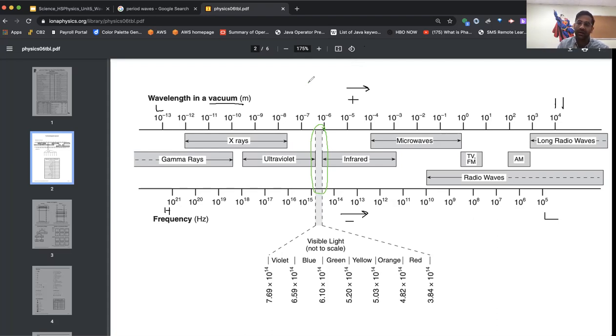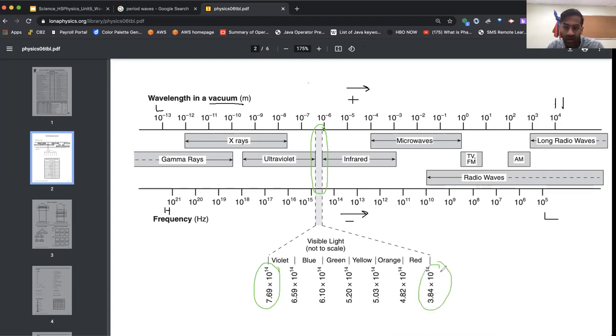Note again that we're going from left to right. As we go from left to right, wavelength is increasing, frequency is decreasing, okay? So violet has the shortest wavelengths and is the most frequent. Red has the longest wavelengths and the lowest frequency, all right? But notice also the difference between these numbers is rather small.